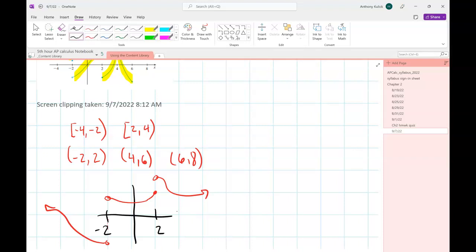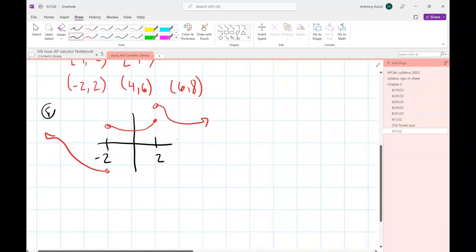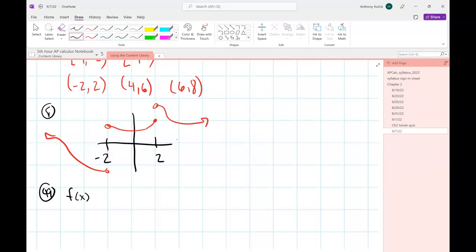Nico, can you do number 49 on 2.5? Sure. It says, if f of x is equal to x squared plus 10 sine x, show that there's a number c such that f of c is equal to 1,000.